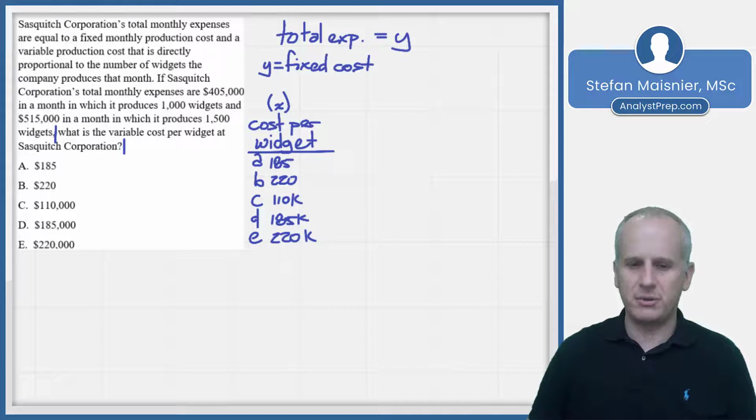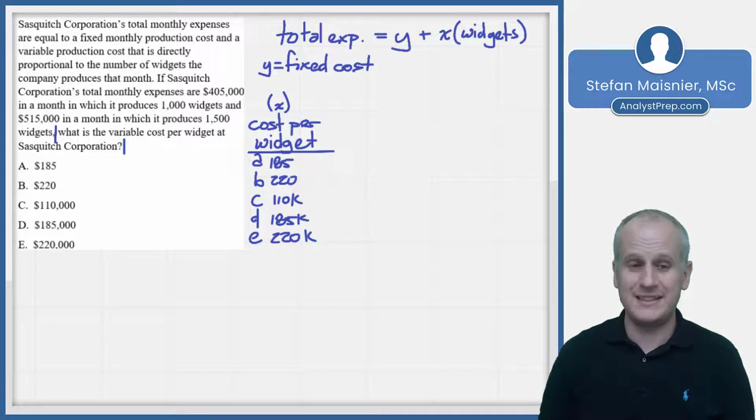So y is going to be equal to the fixed cost plus a variable production cost that is directly proportional to the number of widgets the company produces that month. So that's going to be plus my x times the number of widgets. And I've got the equation basically figured out from the word problem. And if this is the case, we'll just start filling in the algebra as we go.